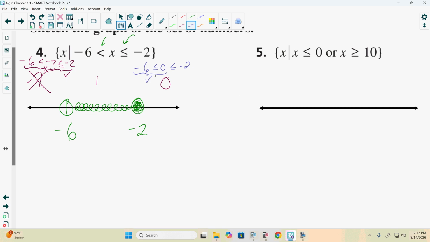Well, yes, -6 is indeed less than 0. But is 0 less than or equal to -2? Well, no, 0 is bigger than -2. So this point is thrown out. We can't have it. The only solution that works is in the middle of it. Does that kind of make sense how that check works?